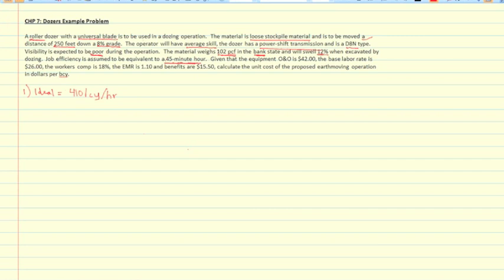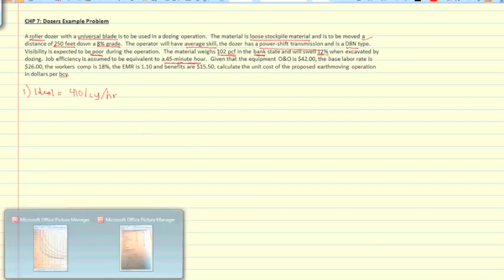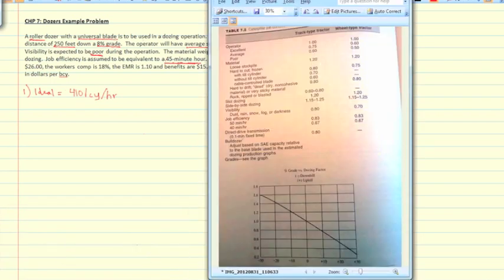You're going to go ahead and start to pull up the correction factors. So you can go really in almost any order, just as long as you get them all. So make sure that as you go through this, you can look at table 7.2, which is right here.